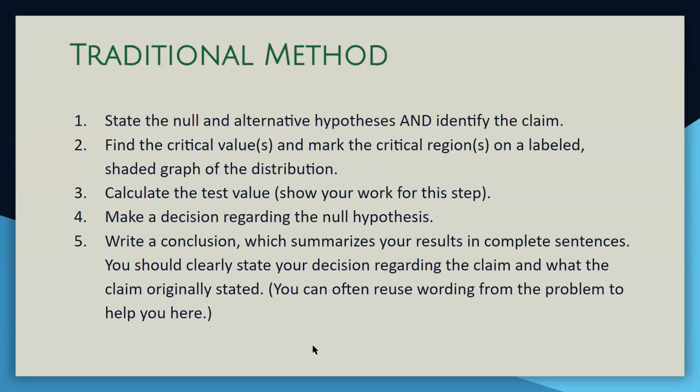So in step 4, all we say is reject the null hypothesis or do not reject the null hypothesis. You're then going to take that information from step 4 and rewrite it in a complete sentence, tying that information back to the claim you were asked to test. More often than not, you're going to be pulling words directly from the problem to help you with phrasing.